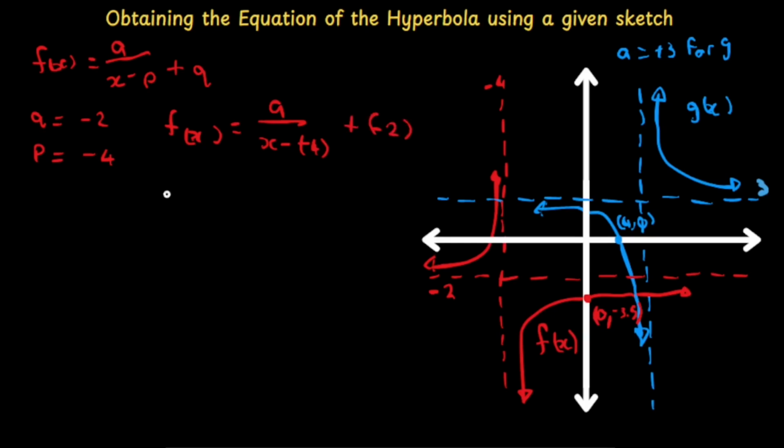If I were to simplify that, I would obtain the equation f of x is equal to a over x plus 4 minus 2. There's still one variable that we haven't solved for yet.